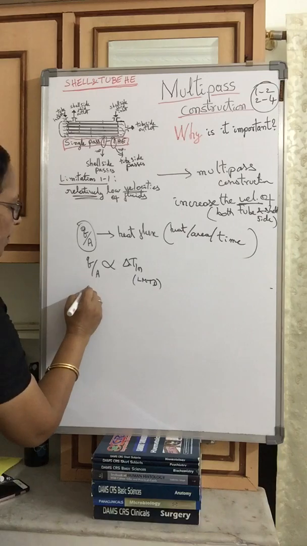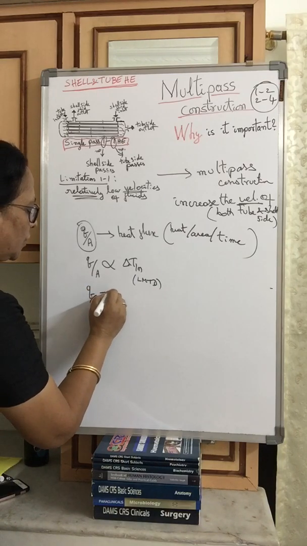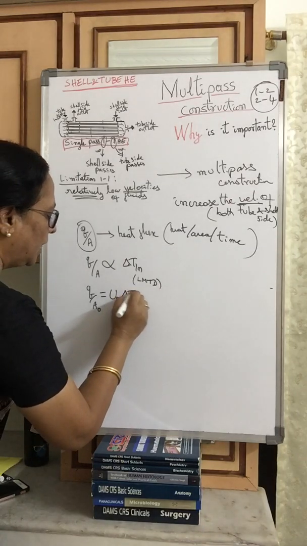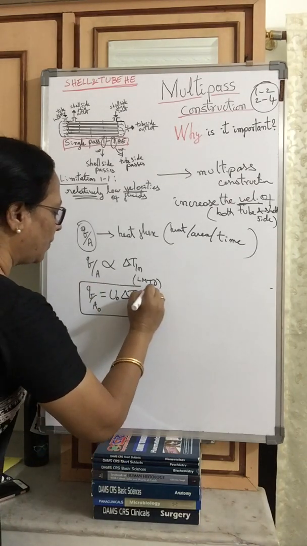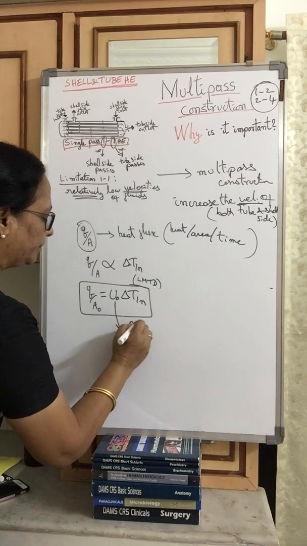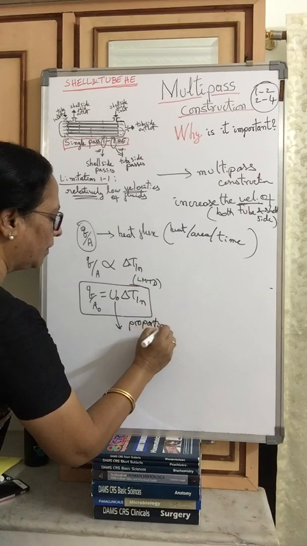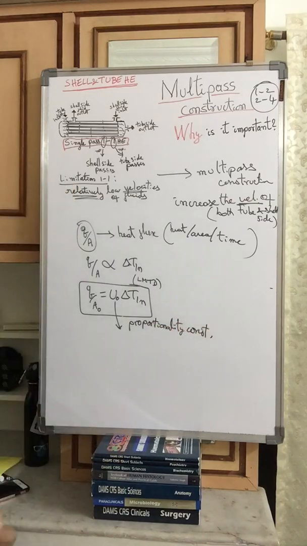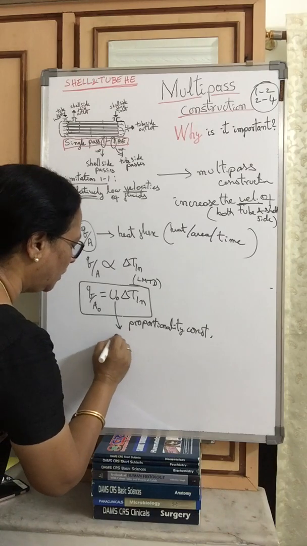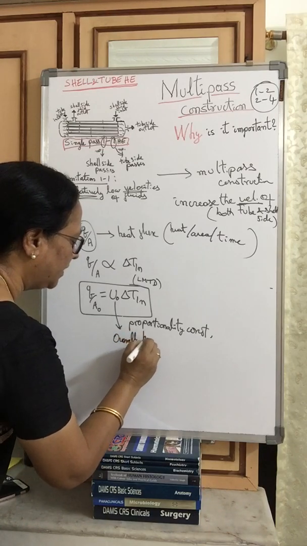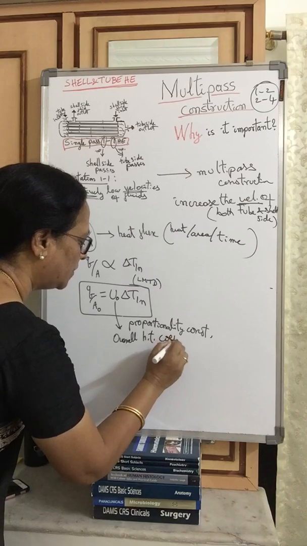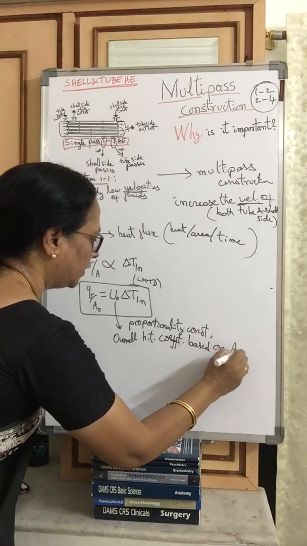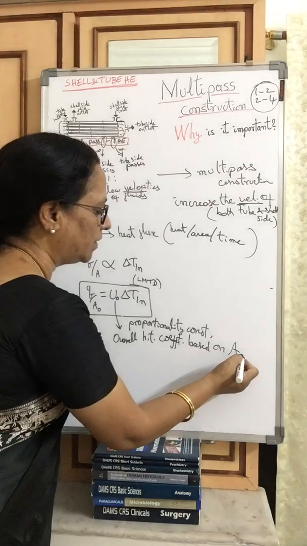Okay. So Q is equal to U naught A naught delta T Ln. This is the proportionality constant. U naught is called the overall heat transfer coefficient based on A naught.